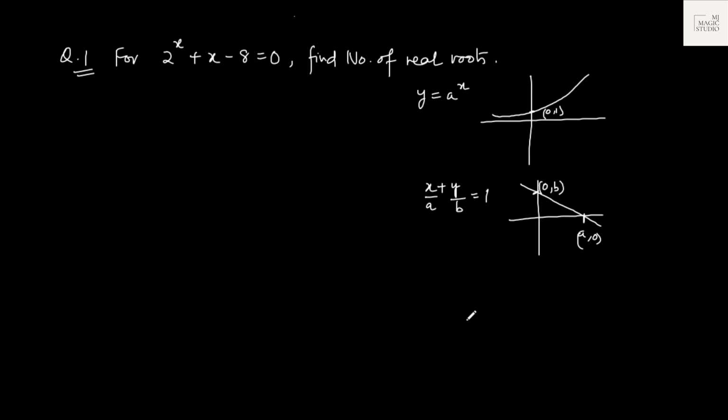Intercept form. Now if we look carefully, this particular equation can be broken up into two parts. Let y1 equal 2 to the power x and y2 equal x minus 8.